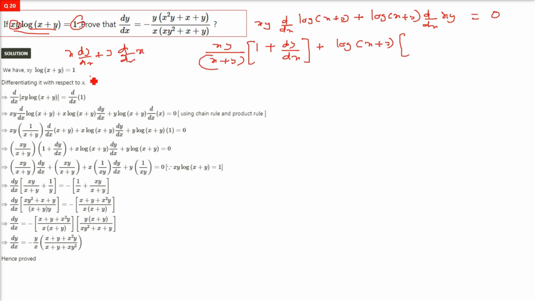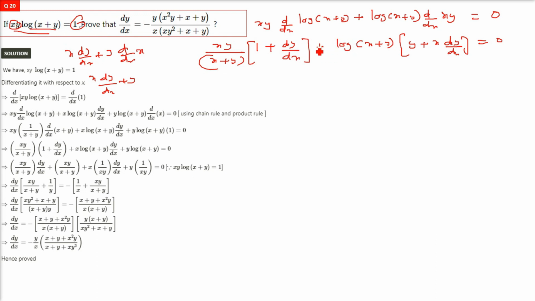So we have x dy by dx plus y. So just write it here, xy plus x dy by dx you can write. So our differentiation is done, but there is no log on the right hand side. So we need to get rid of this log. Wherever it is, we have to do something.